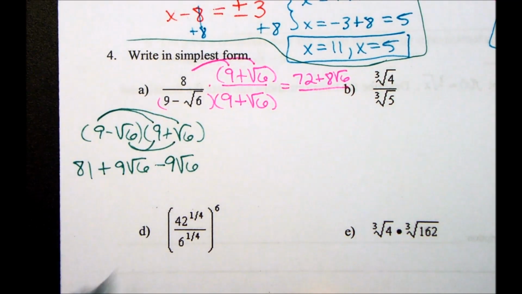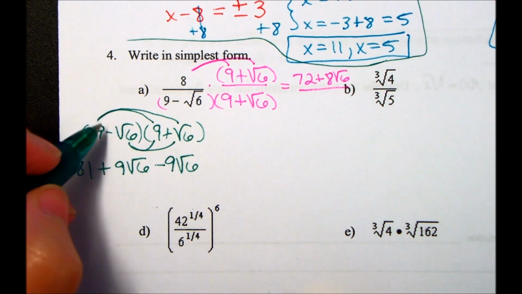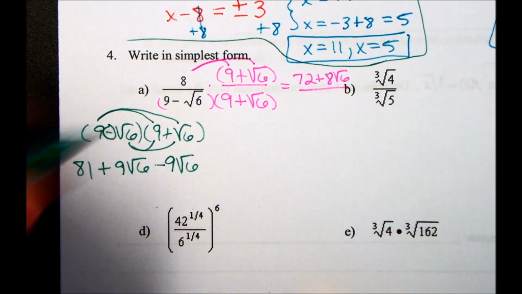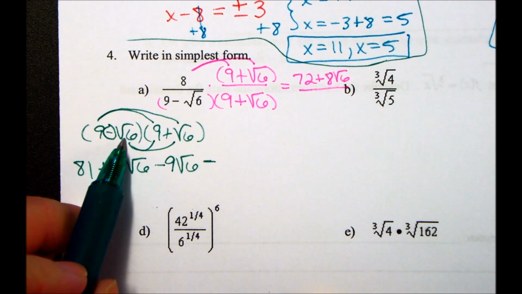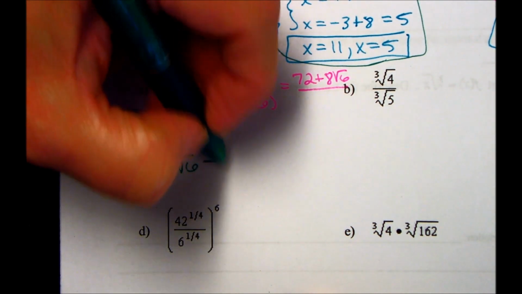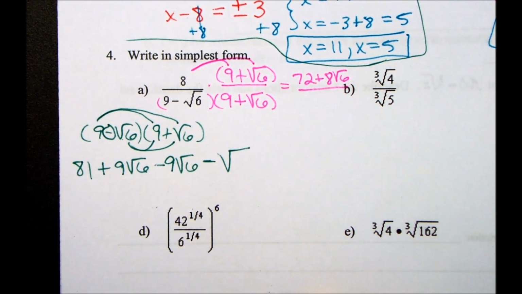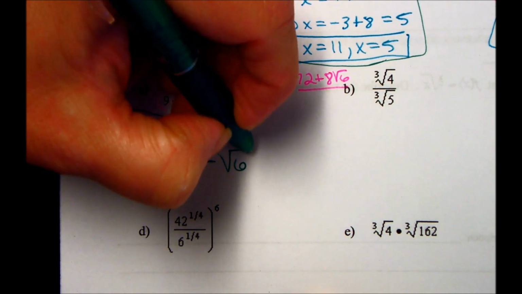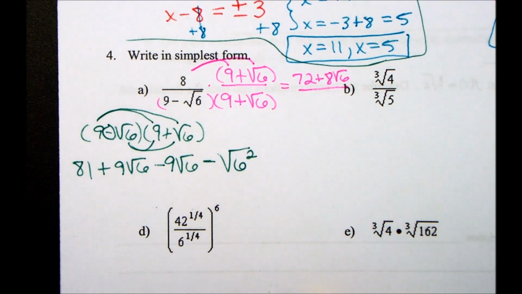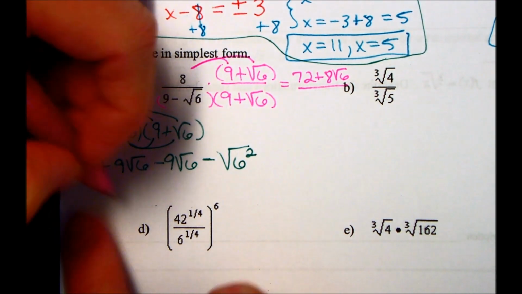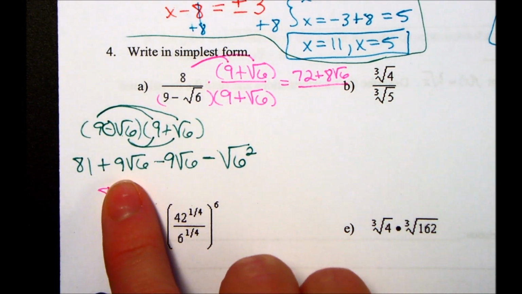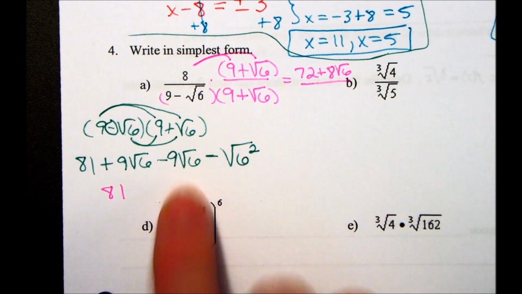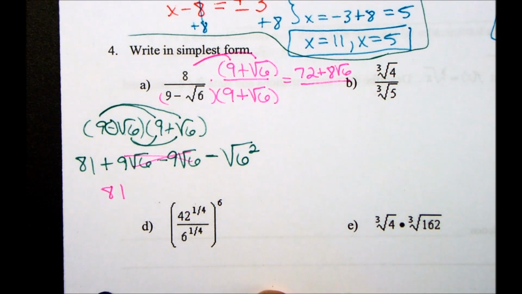And then the last term, be careful with that sign. Negative times positive is negative. The square root of 6 times another square root of 6, you can either write it as the square root of 36, or you can write it as the square root of 6 squared. Now we're going to simplify. The 81 we can't really do anything with, but this positive 9 square root of 6 and the negative 9 square root of 6 cancel out.